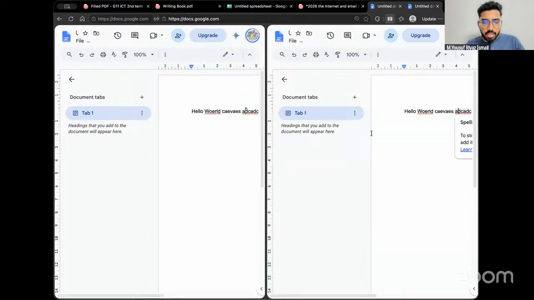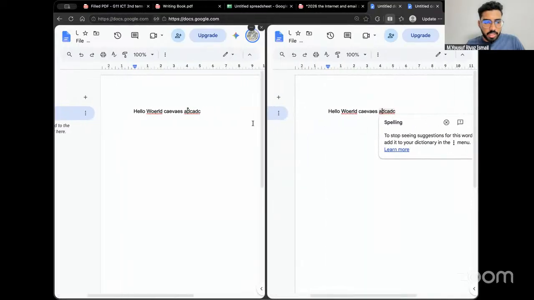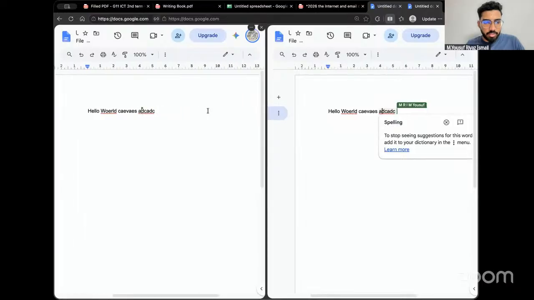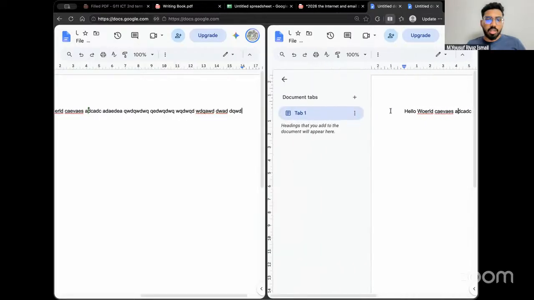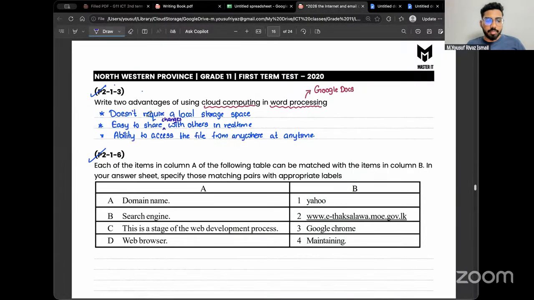So I have both screens here. From my left side screen, whatever I type, within a few seconds it's being updated there. Now here both are my laptop, but this can be two different people living in two different countries. It'll get updated in real time. See? That's what we call easy to share changes with others in real time. So these are some advantages you can mention.